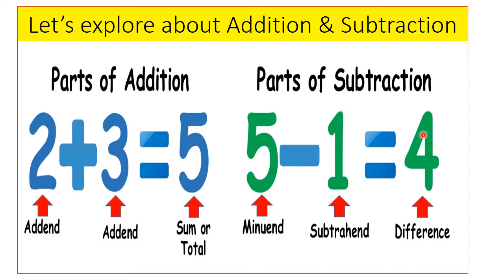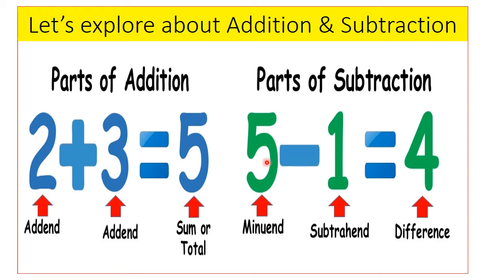So we will revise it once again. The answer of the addition is called sum or total. The answer of the subtraction is called difference. The numbers which are added to get a sum are known as addends. If you are subtracting, you will be subtracting a particular number from another number.